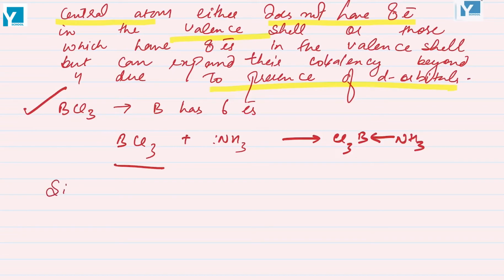Now let us talk about SiCl4. So students, in SiCl4 silicon is the central atom, which has 8 electrons in its valence shell, right?